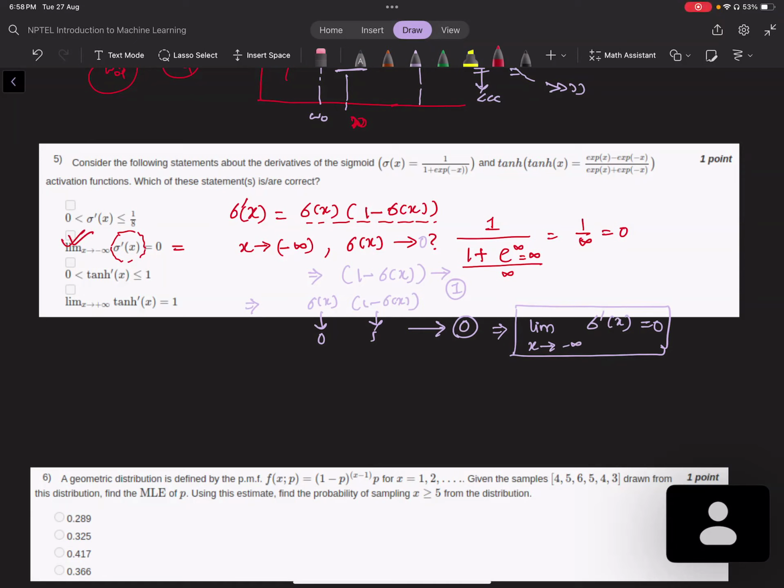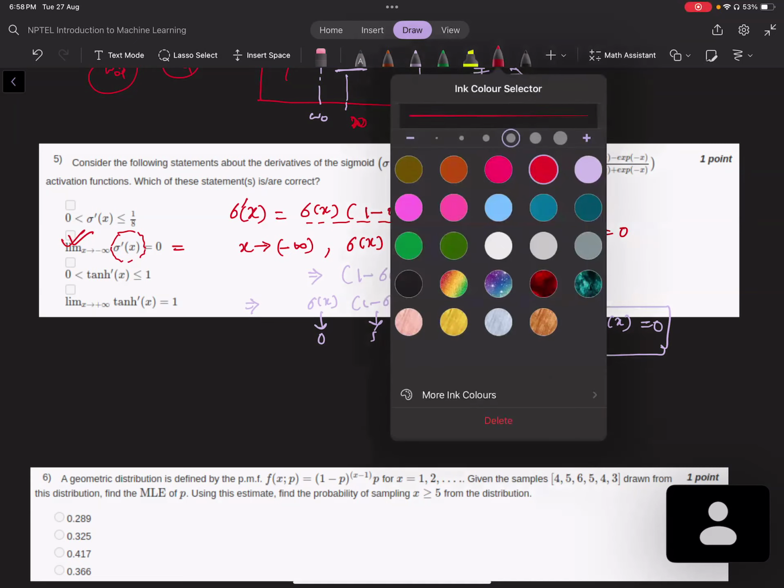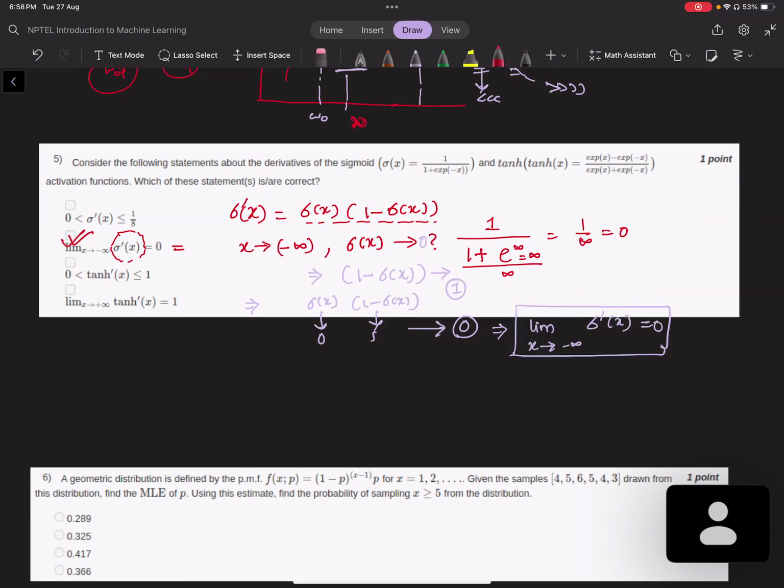Okay. So next is, I'll just explain the solution because we don't have much time. tanh dash x is equal to 1 minus tanh x square.